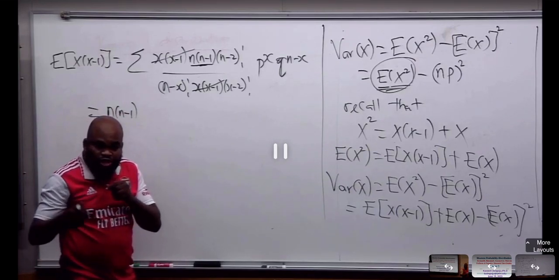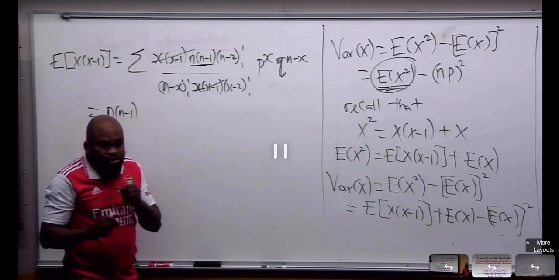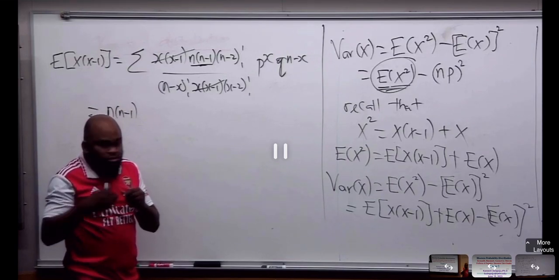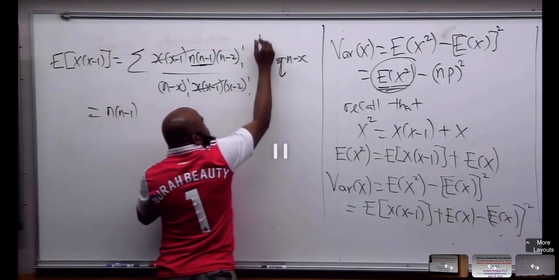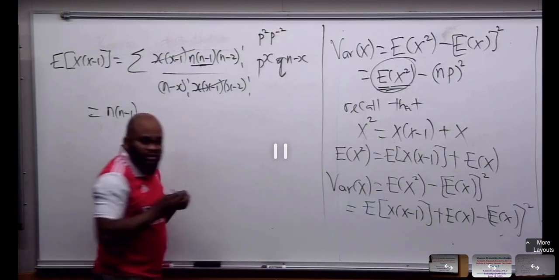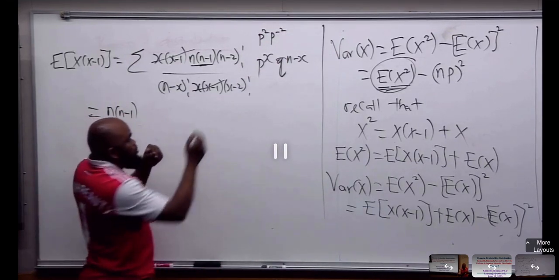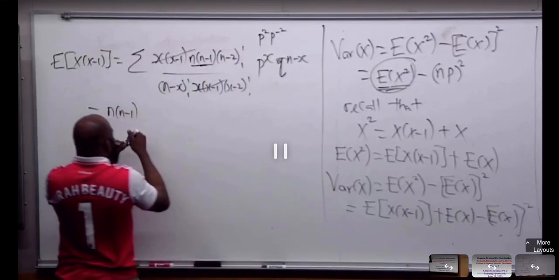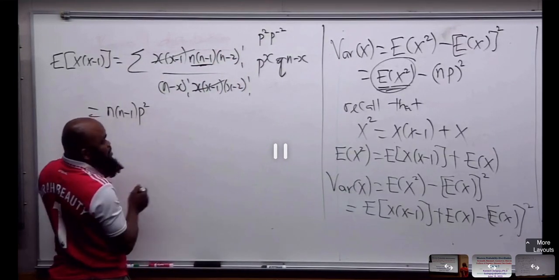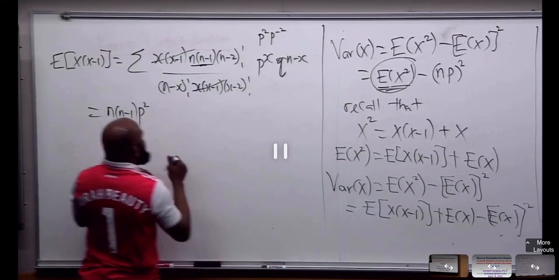Now, I'm actually going to introduce a dummy. You remember the other time, I introduced p and p raised to power minus 1. So right here, I'm going to introduce this and this that can cancel out. So this guy p squared, I'm going to bring it here, right? And I'm going to combine this and this.